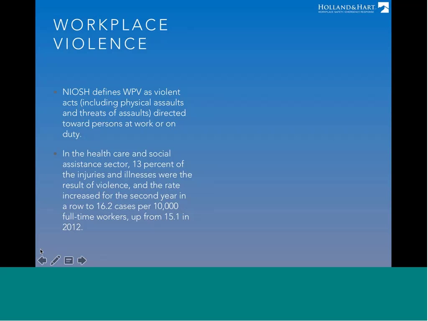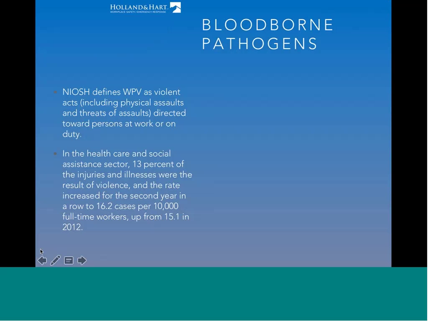Now we are seeing incidences of terrorism and other mass shooting events that your facility and your operations are going to have to think about in terms of your planning and how to protect your employees.